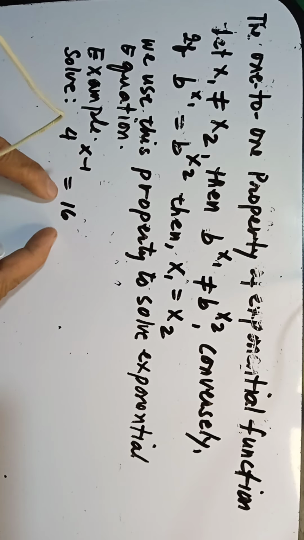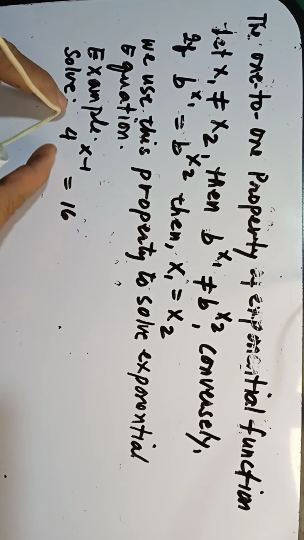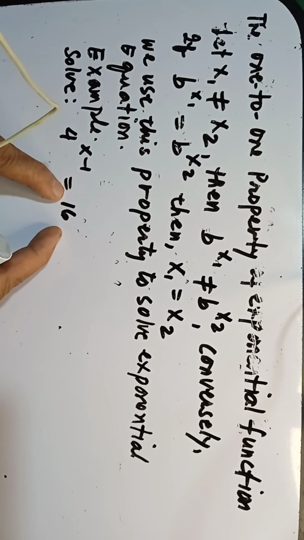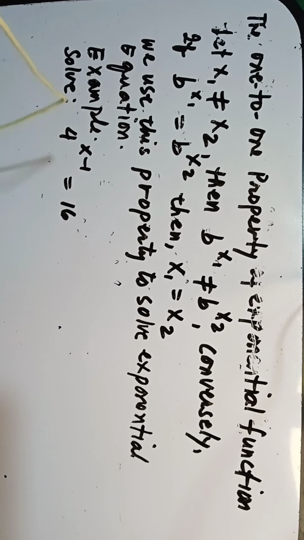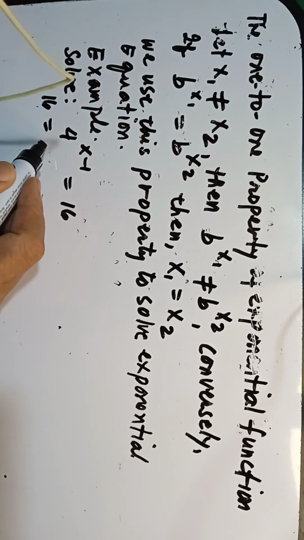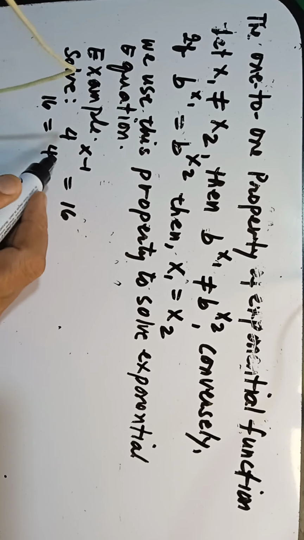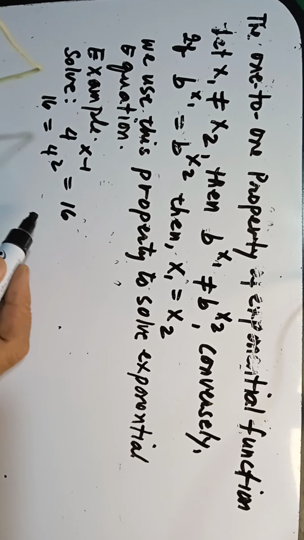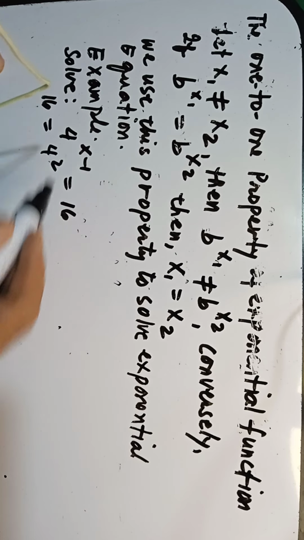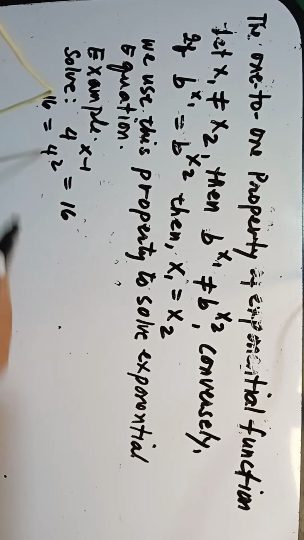We will make the bases equal because 4 and 16 are not equal. However, 16 can be expressed with base 4. 16 is equal to 4 squared. So we use that in expressing 16 so that the bases will become equal.